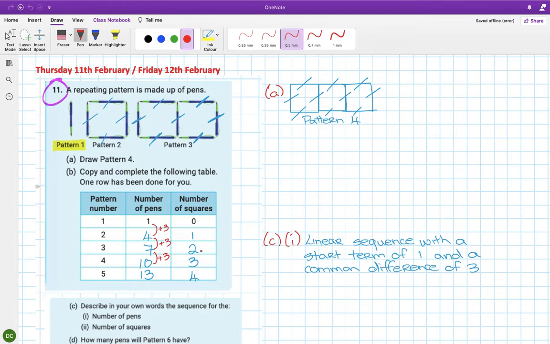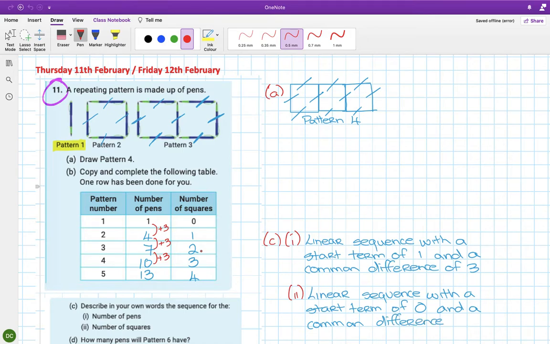And then the second one is also a linear pattern or a linear sequence, but this one has a start term of 0 and a common difference of 1. It's gone up by 1 each time.